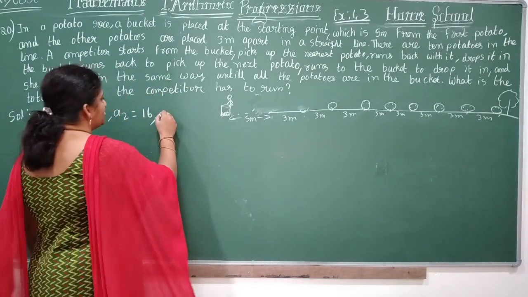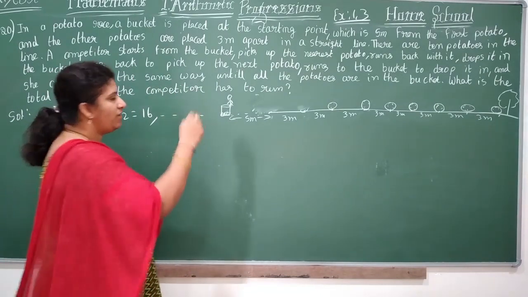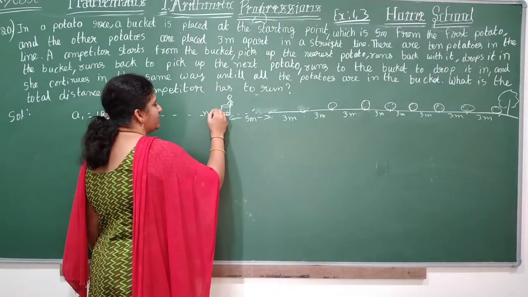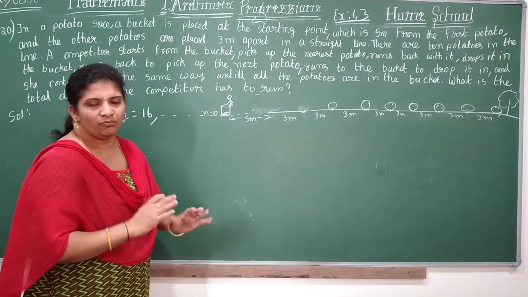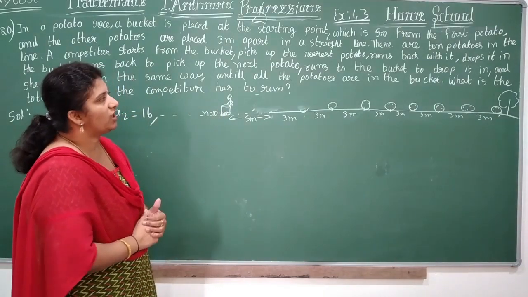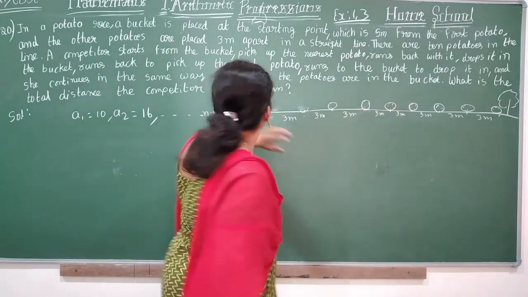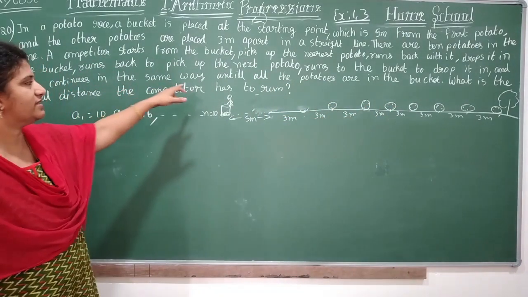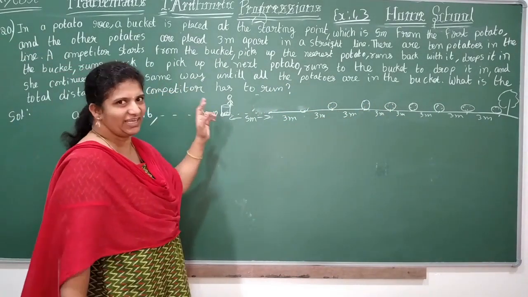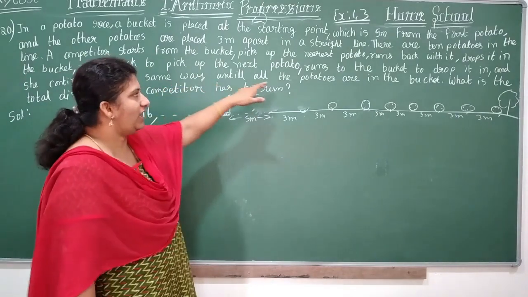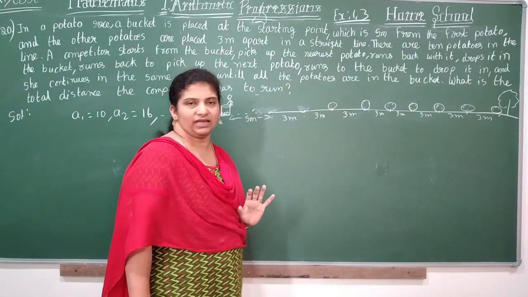So like this, and so on. How many potatoes are there? N is equal to 10. 10 potatoes. So what is your question here? The competitor runs to the bucket to drop it in, and she continues in the same way until all the potatoes are in the bucket.